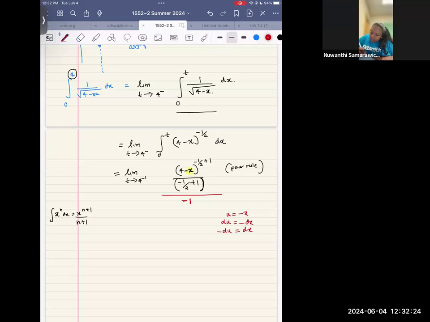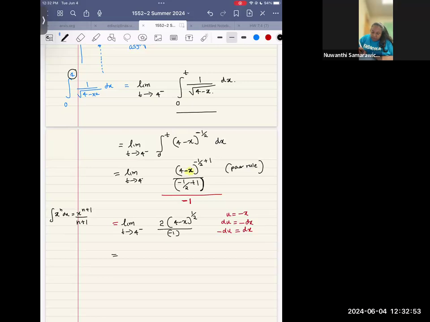Okay, then we will have the limit as t goes to 4 from the left of 4 minus x to the power half over half, and it's divided by -1.